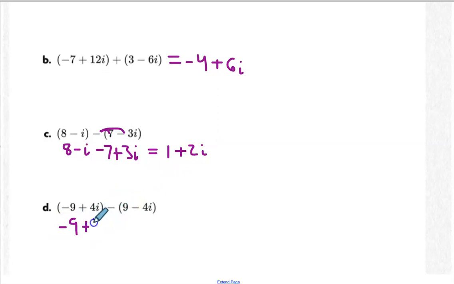So negative 9 plus 4i, and I'm going to distribute that negative, which just changes the sign. So we get negative 9 plus 4i. So when we combine the like terms, negative 9 and negative 9 makes negative 18. 4i plus 4i gives us 8i.